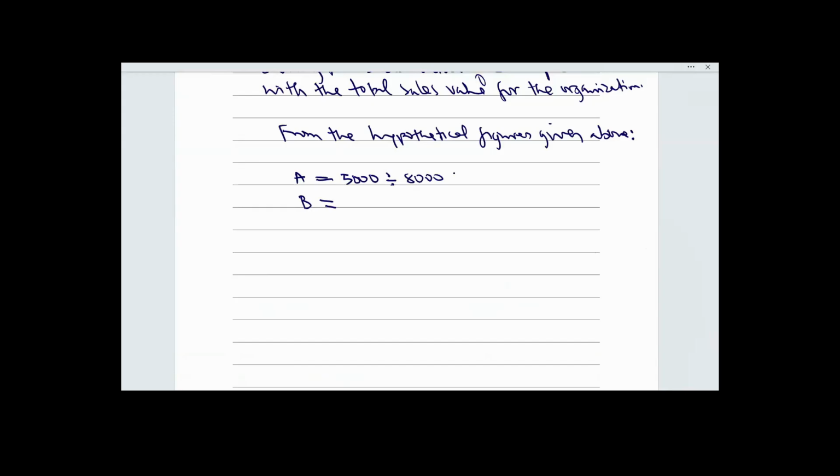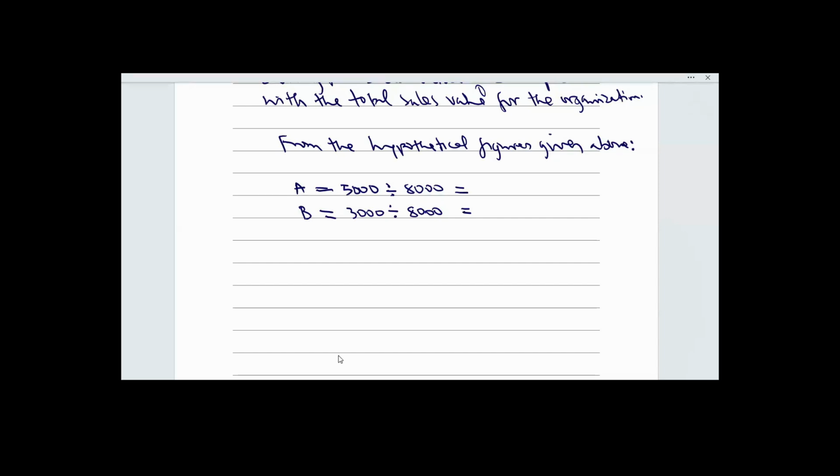This will give me the proportion of product A. The sales of product B is 3,000. I will divide with total of 8,000. So this is how to determine the sales mix. You divide the sales value of each product with the total sales value for the company.